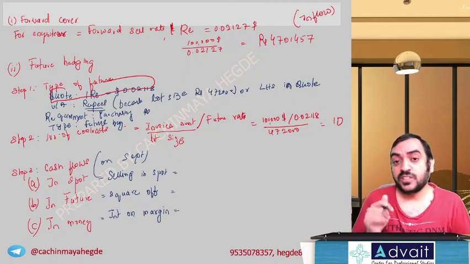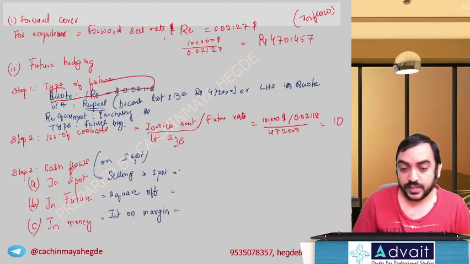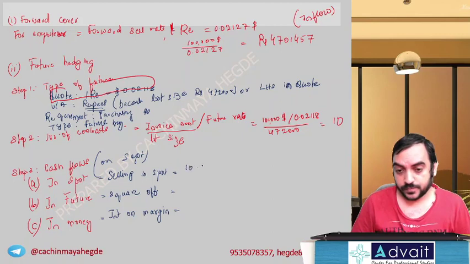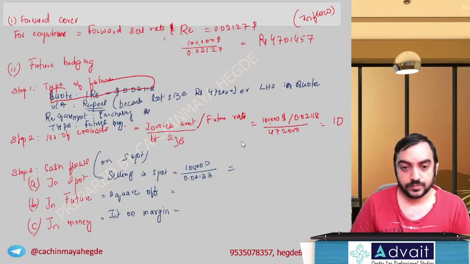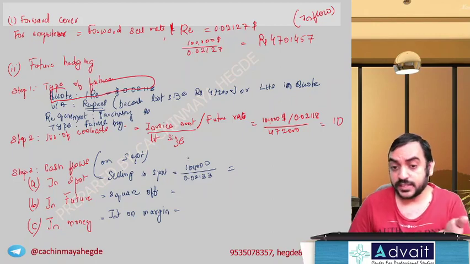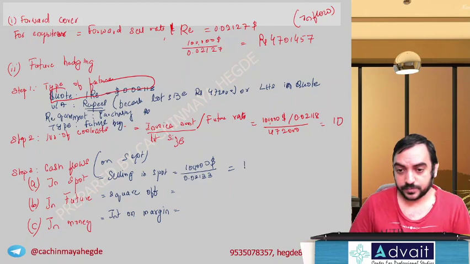Dollar on the right hand side means we should divide. So 1 lakh divided by 0.02133 gives 46,88,232 rupees. Applying the conversion rate, we get this 46,88,232.